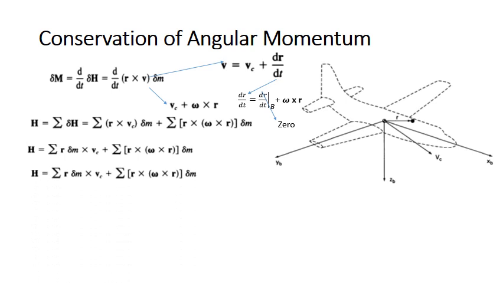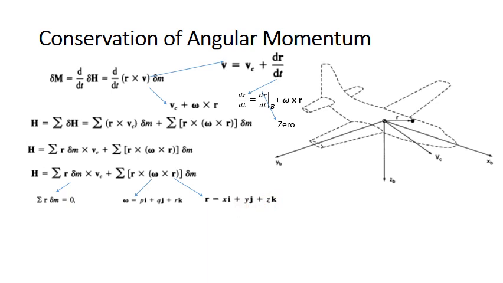The angular velocity vector can now be expanded into p i plus q j plus r k, and the position vector can be expanded as x i plus y j plus z k relative to the body axis.